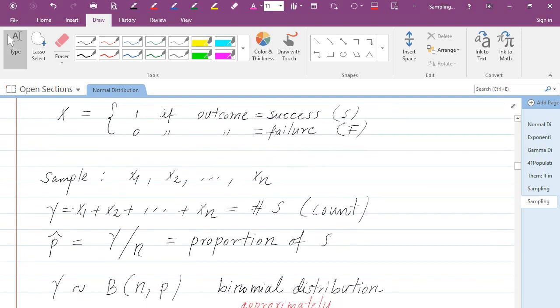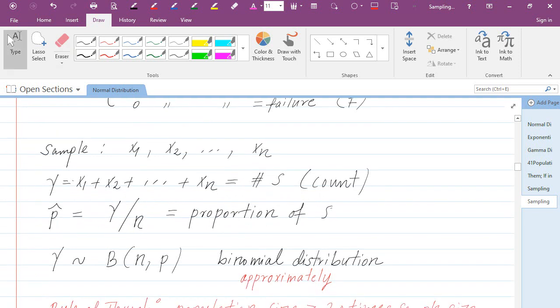Now, if I add x1 to xn, and call that y, then again y would be the number of successes. That is, it is the count of the outcome S in the sample. And p hat would be the sample proportion of S, so it will be y divided by n, because y is the number of successes in the sample and n is the sample size.